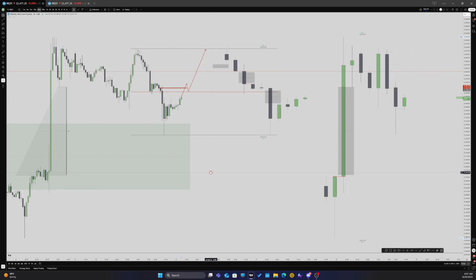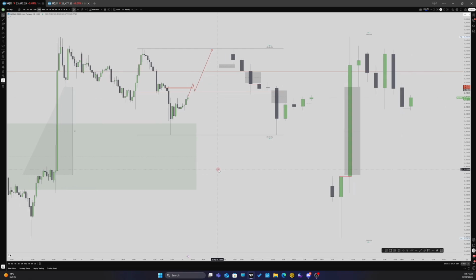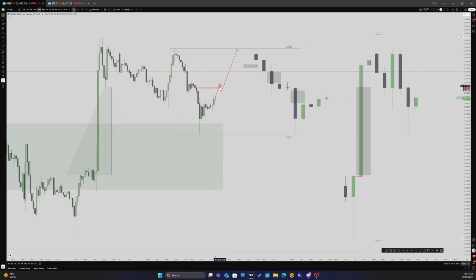And that would be the trade I will take from here to here. Alternately on the sell side, I would just stay out, I believe.